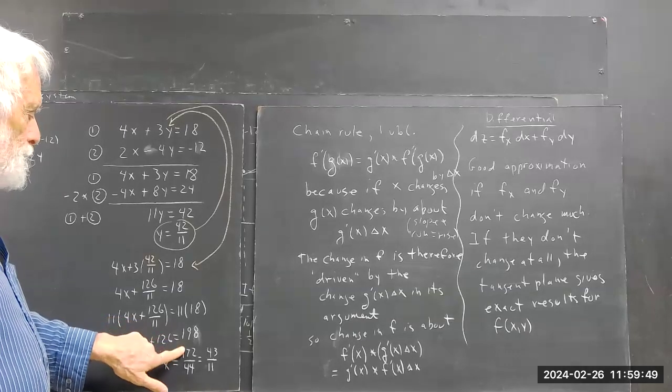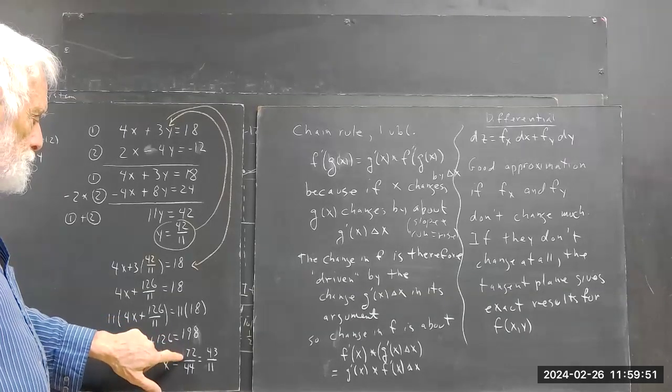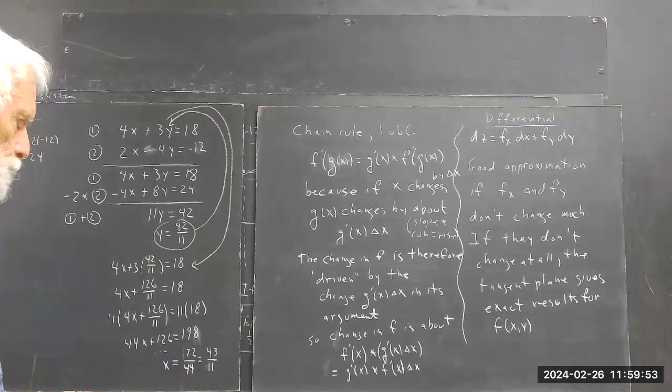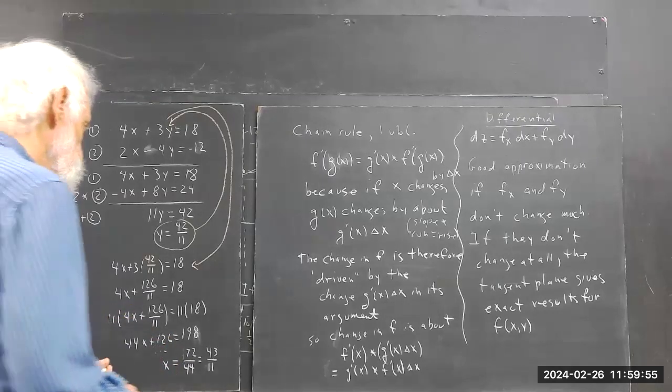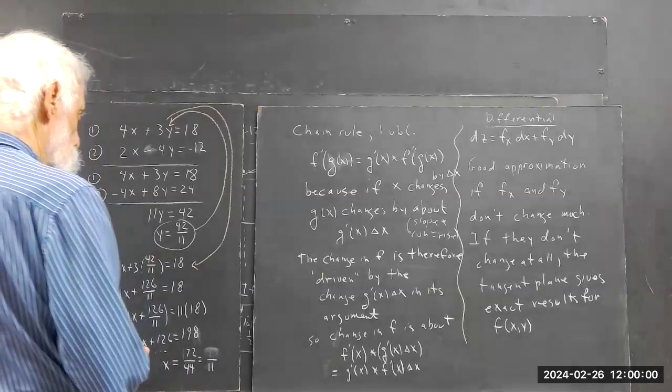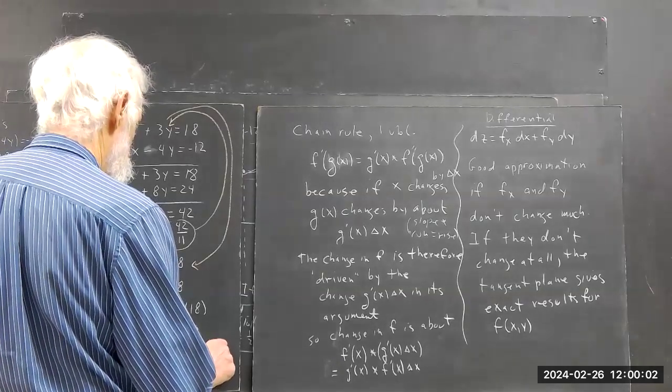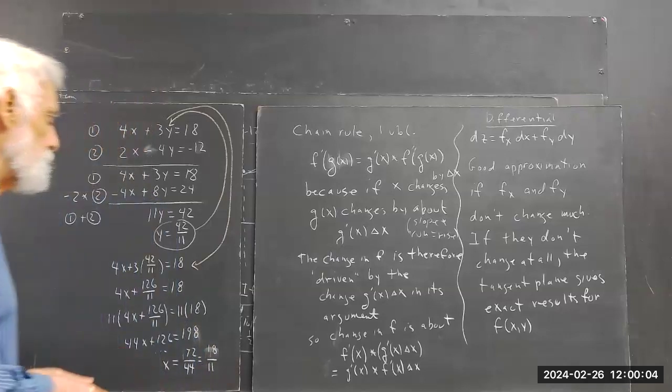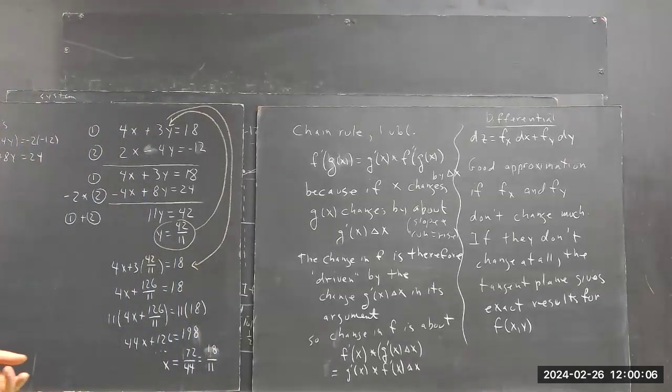It's 126. I subtracted 26, not 126. So we get 72 over 44, which is 18 over 11.